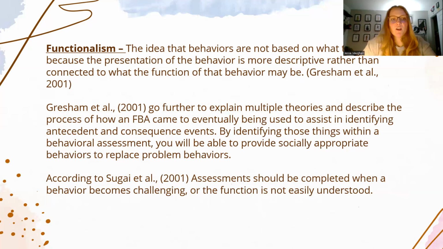Another researcher, Sugai et al. In 2001, proposed the idea that assessments should be completed when a behavior becomes challenging or the function is not easily understood. By completing these assessments, it helps you gain some insight on the behavior and why it may be causing it versus what you can do to help.